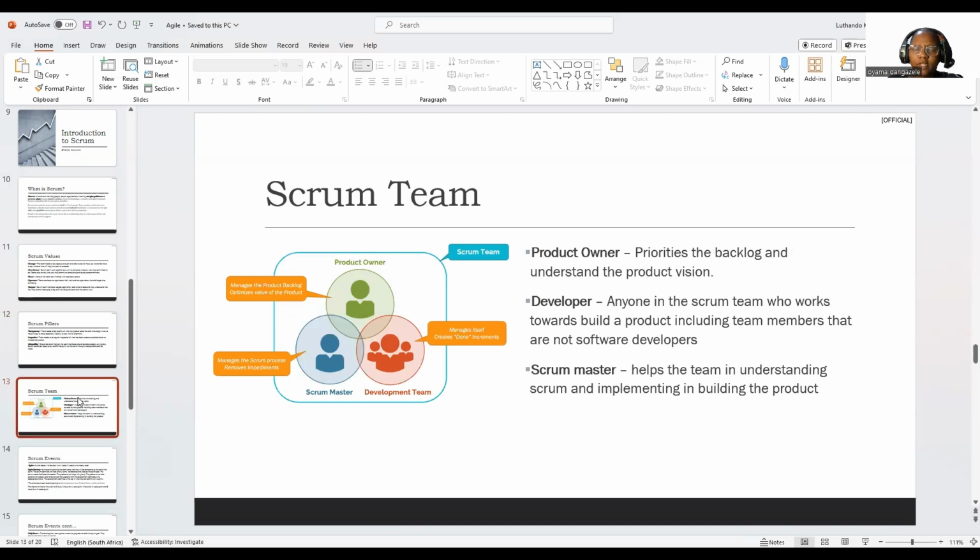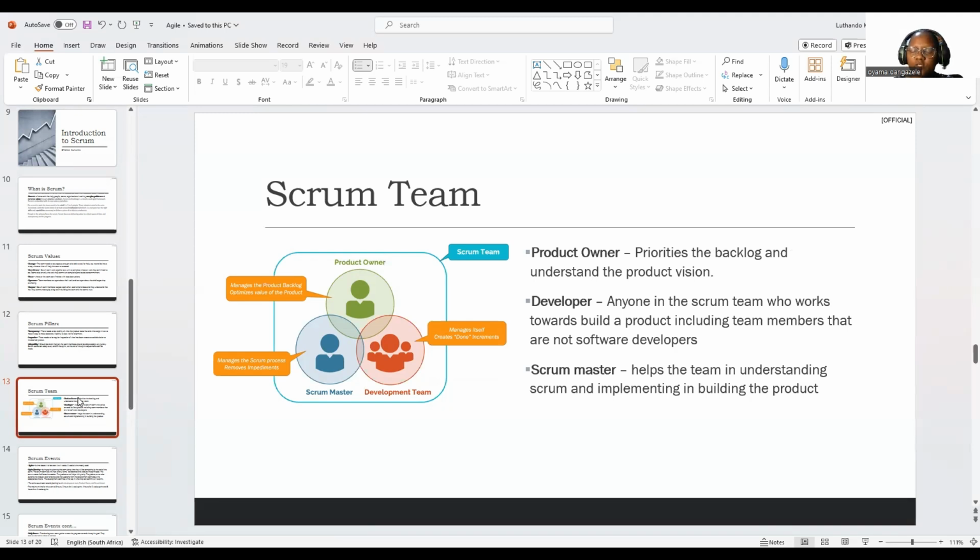Okay, let's go to what a Scrum team is. What is it composed of? There's a product owner, developers, and a Scrum Master. The product owner is the person who understands the product vision and helps the team prioritize the backlog. The developer is anybody in the Scrum team who works on the development of the product increment.